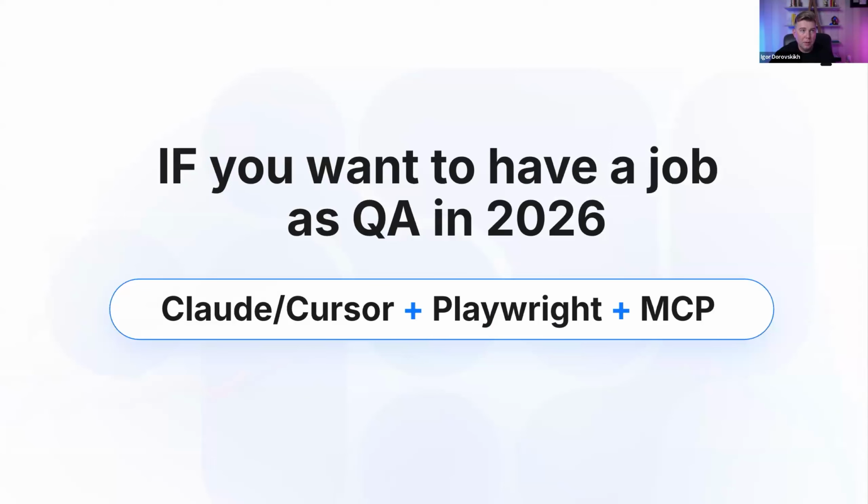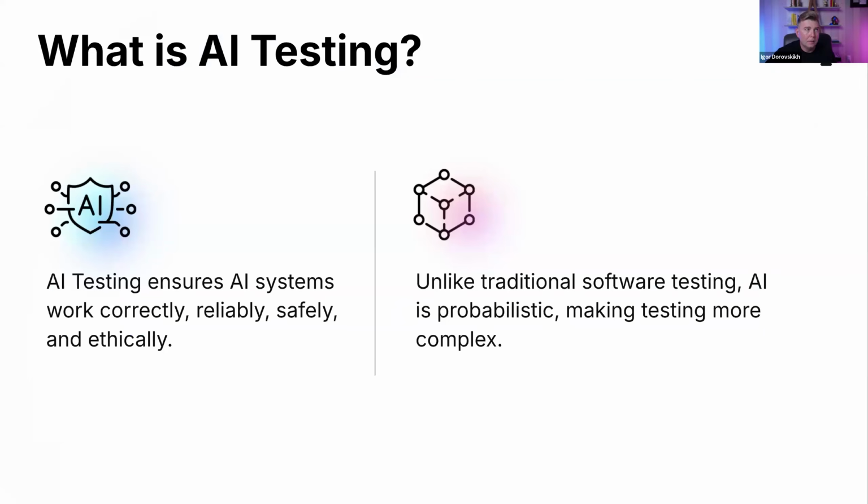A great example: this formula is probably the most wanted skill if you want to apply for a job as a web test automation engineer nowadays: Claude, Cursor plus Playwright plus MCP. If one of these words you've never heard before, you better learn them. But that's what traditional testing is actually converting to.